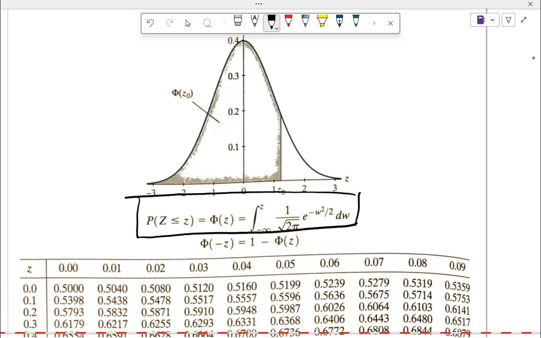So that first question was asking for the probability that z is between 0 and 0.87. Okay. Using the capital letter phi, how could I express this as a difference of cumulative distribution functions?